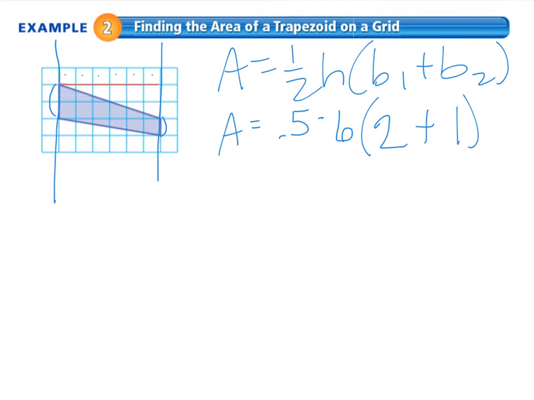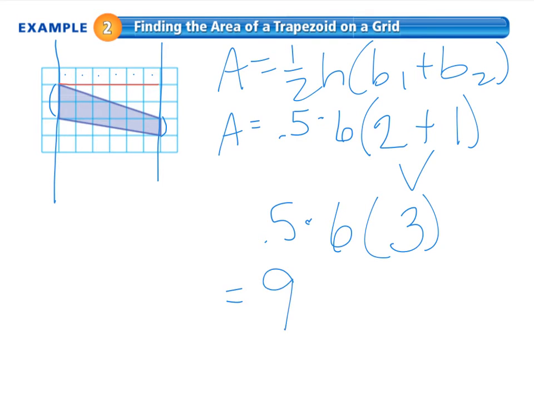So I have to do what's in parentheses first. 2 plus 1 is 3. And I still have the 6 over here and the times 0.5. 0.5 times 6 times 3 is 9, and I don't have any units here, so we actually just call it units squared.